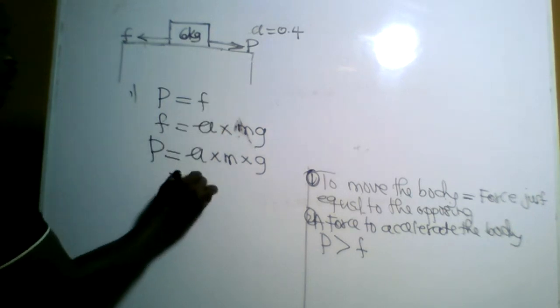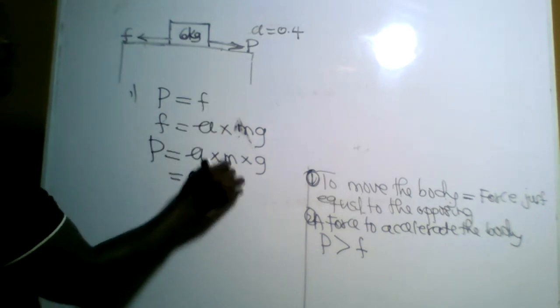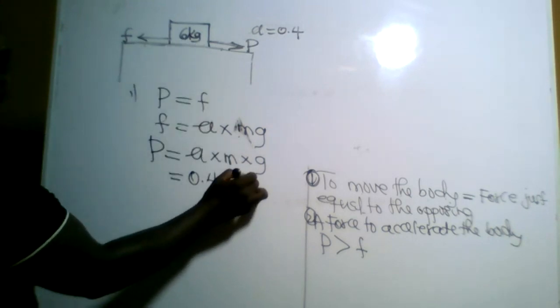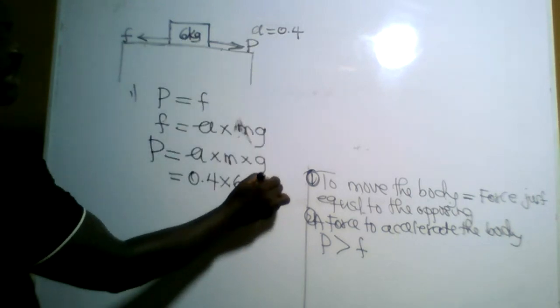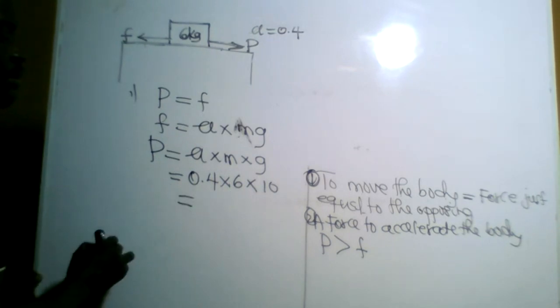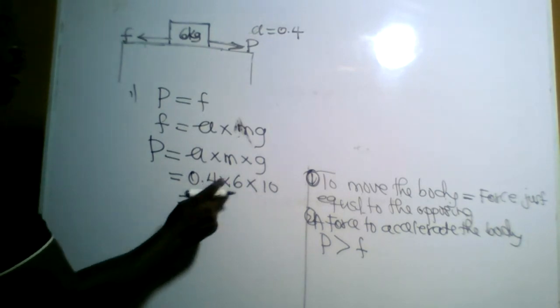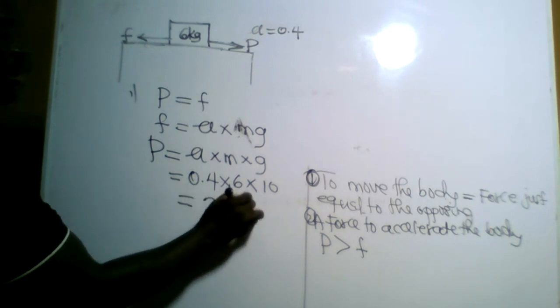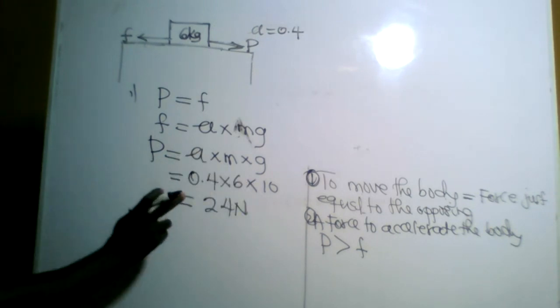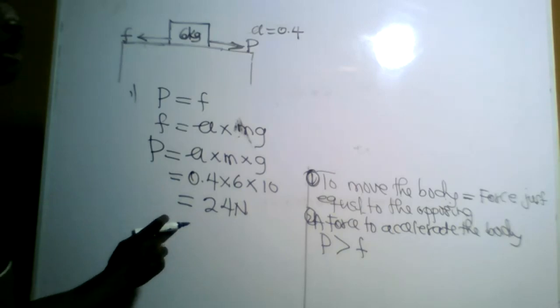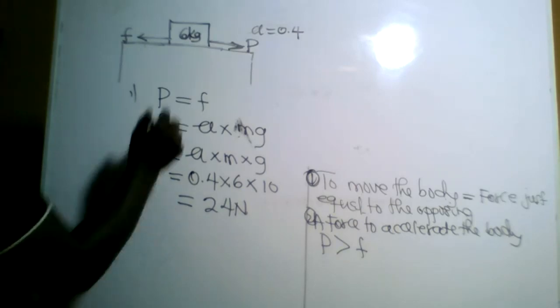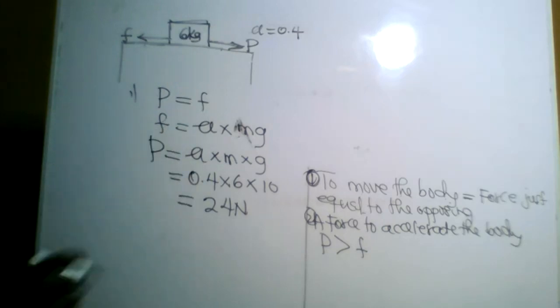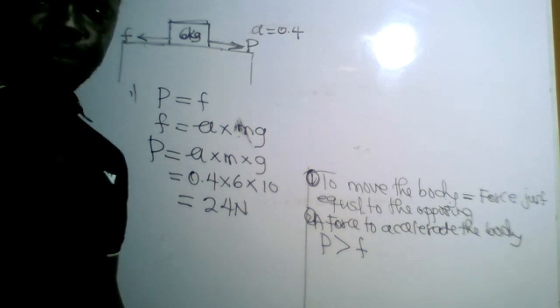Mu is 0.4, gravity is 10. So you have 4 times 6, which is 24. So the force to just move the mass will be 24 Newton. Class, are we okay?